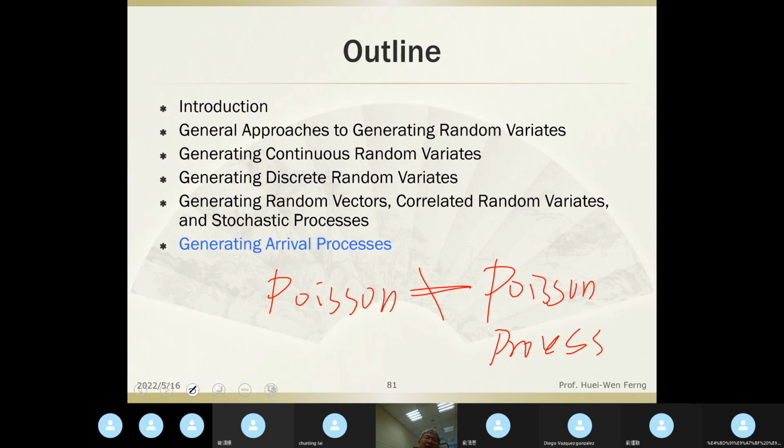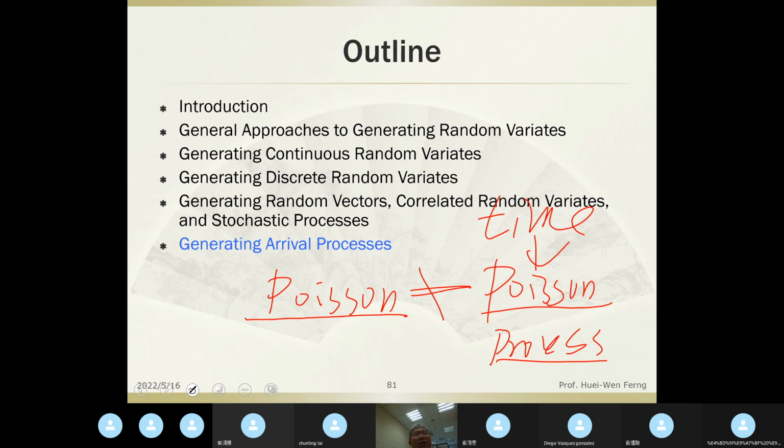Okay, so I think you guys can check the definition for Poisson distribution. Poisson distribution is not the same as the Poisson process. Poisson process further involves time, and Poisson distribution has no concept of time. So that's why they are not the same.